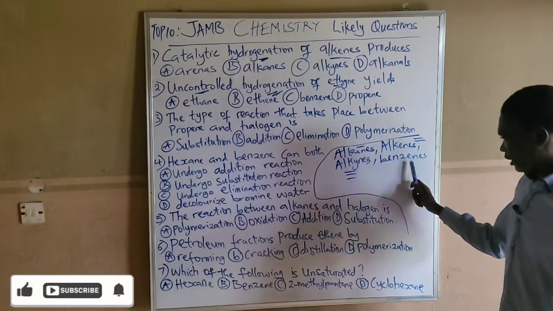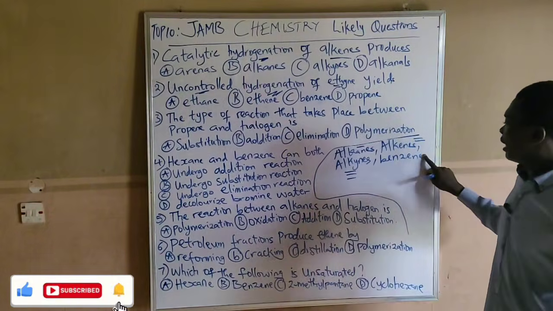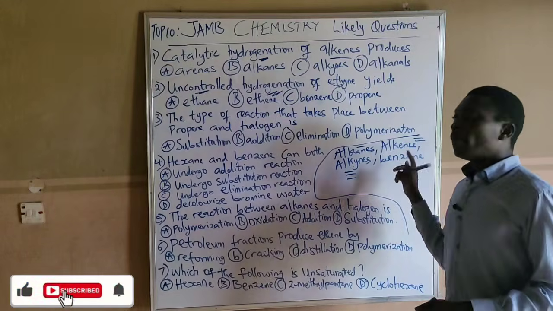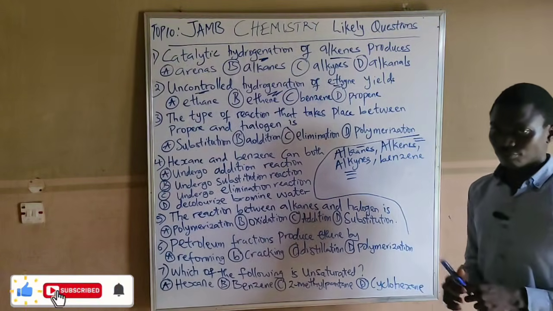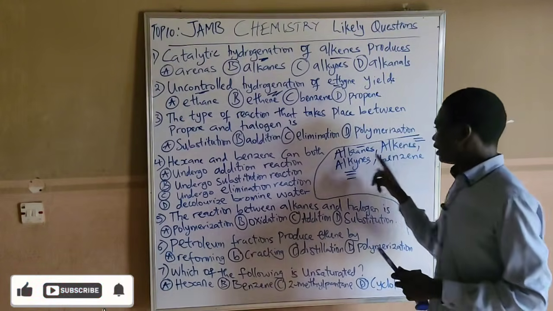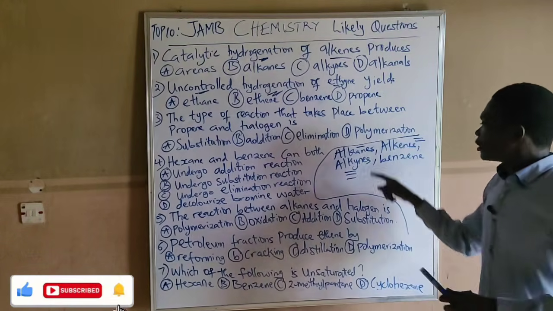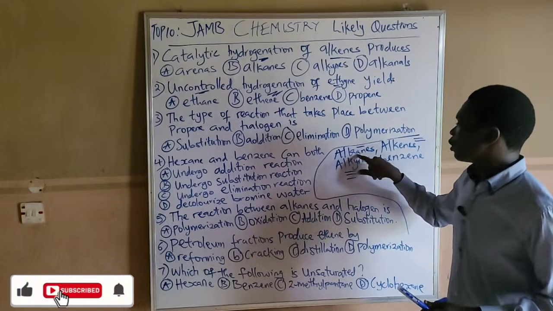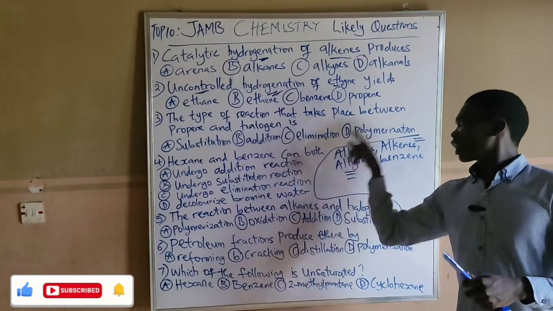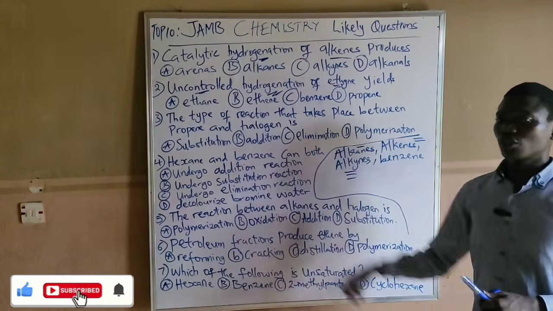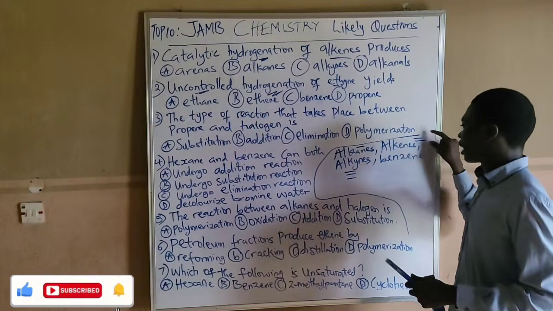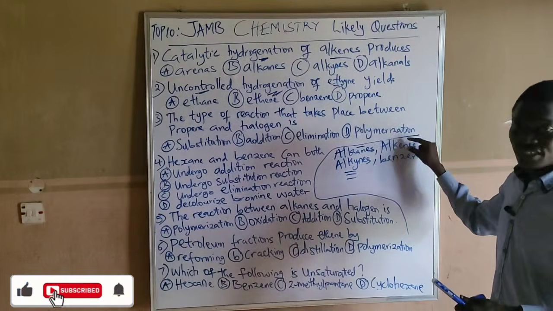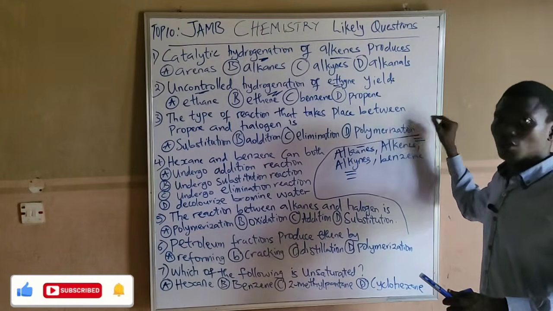But you see, benzene undergoes both addition reaction and substitution reaction. Benzene is different. The cyclo form of alkane also has single bonds, so cycloalkanes will also undergo substitution reaction. Cycloalkenes, because alkenes undergo addition reaction, will also undergo addition reaction.